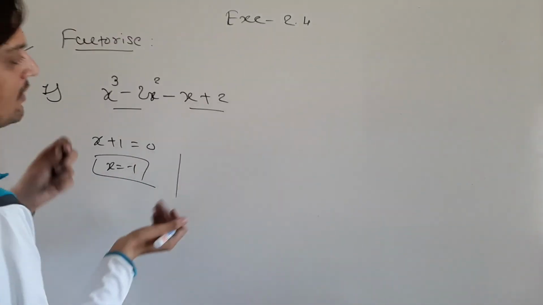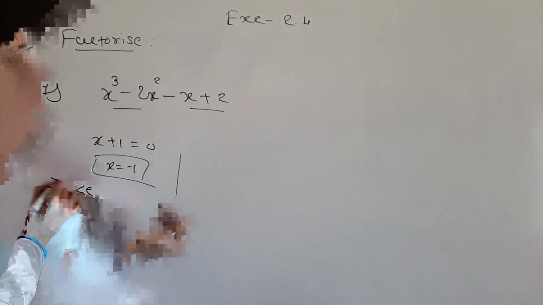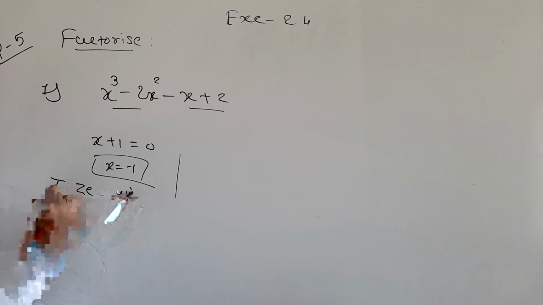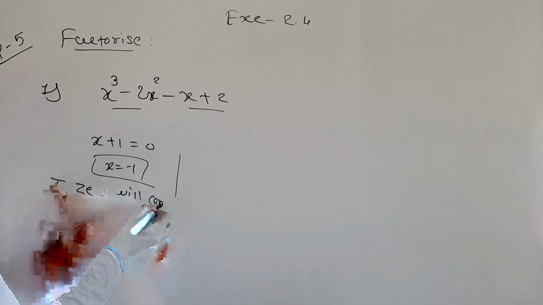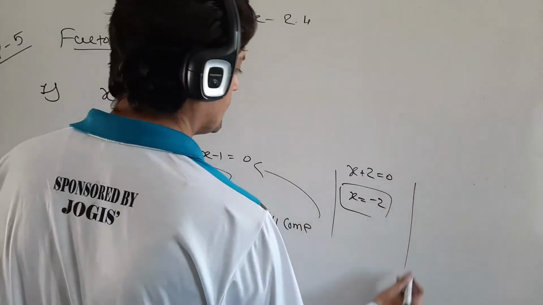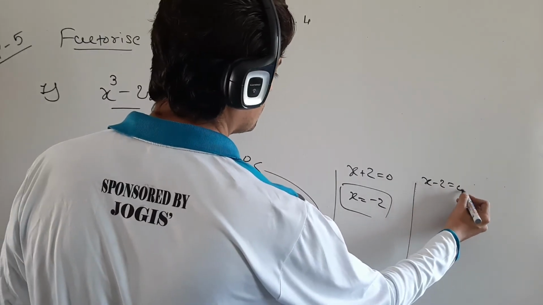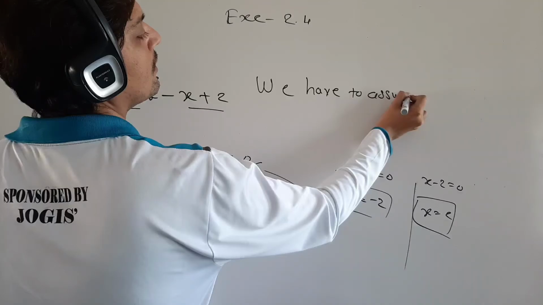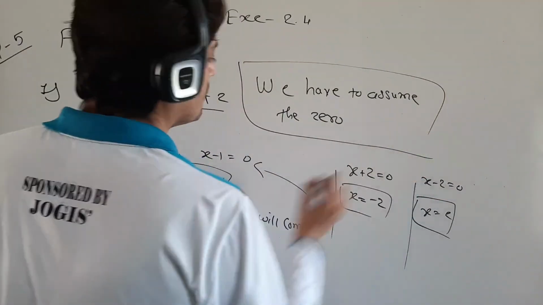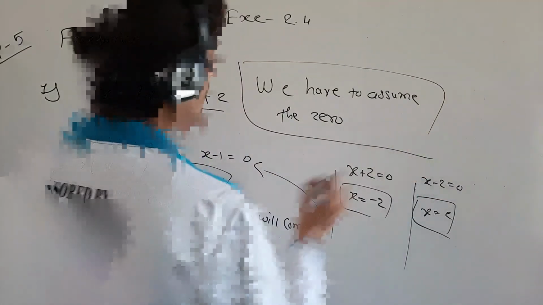If 0 comes, then x plus 1 is the factor. But if it does not come, then we have to assume x minus 2 equal to 0. We have to assume the 0, there is no particular method.